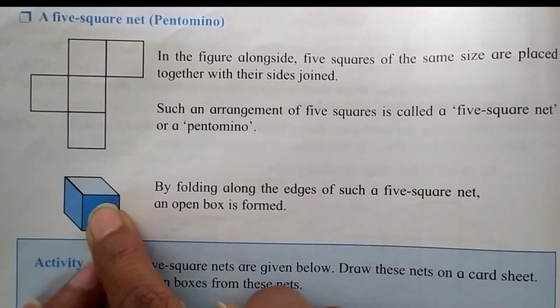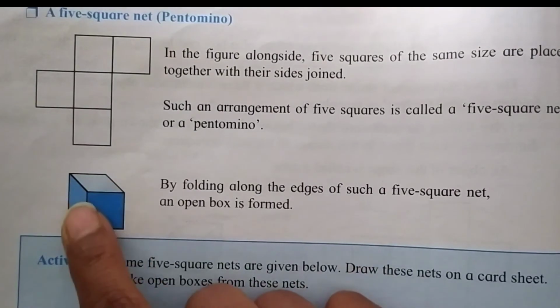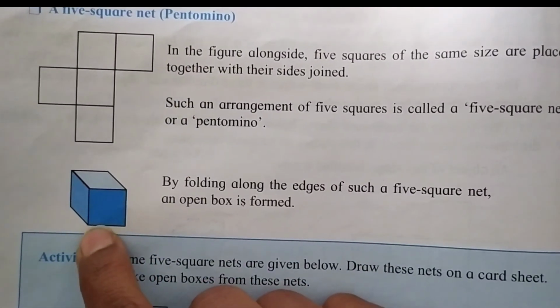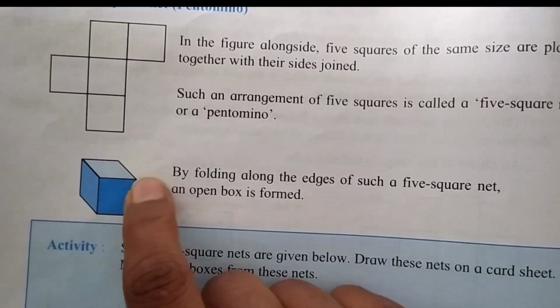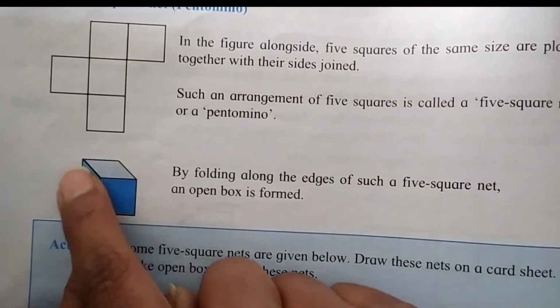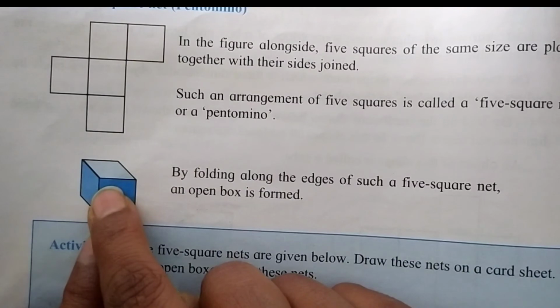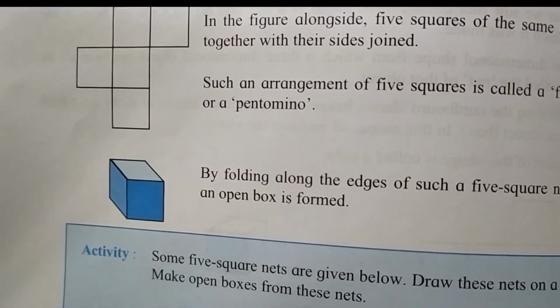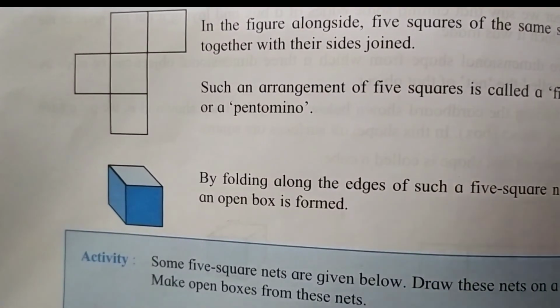This type of open box is formed. It doesn't have a lid on it. These are the edges 1, 2, 3, 4 and 5. This is an open box. You can find it by a 5 square net.